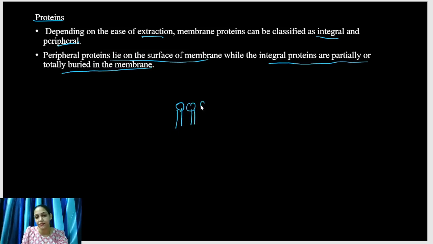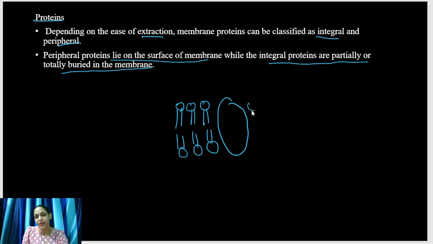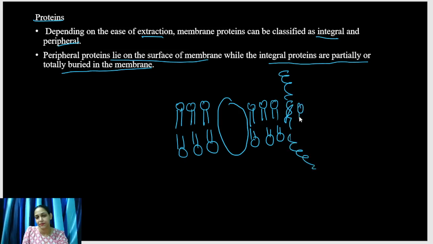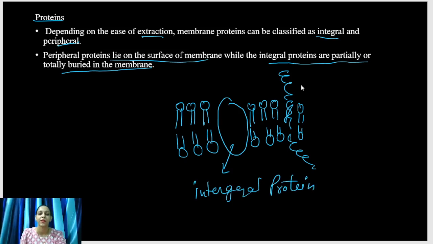These are phospholipids present as in the bilayer structure, in which these are the proteins. This is the integral protein. As integral proteins are partially or totally buried in the membrane.